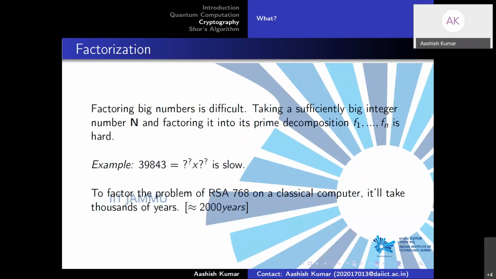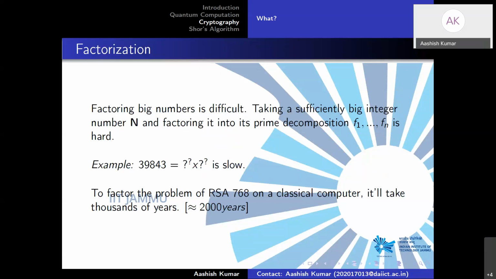Okay, so factorization. Factoring a big number is a difficult task. If we take a sufficiently big integer n and factor it into its prime decomposition, factor 1, factor 2, it is very hard. If you take an example, consider a number like 39,843 and you want to break it down into factors, it would be very slow for classical computers.